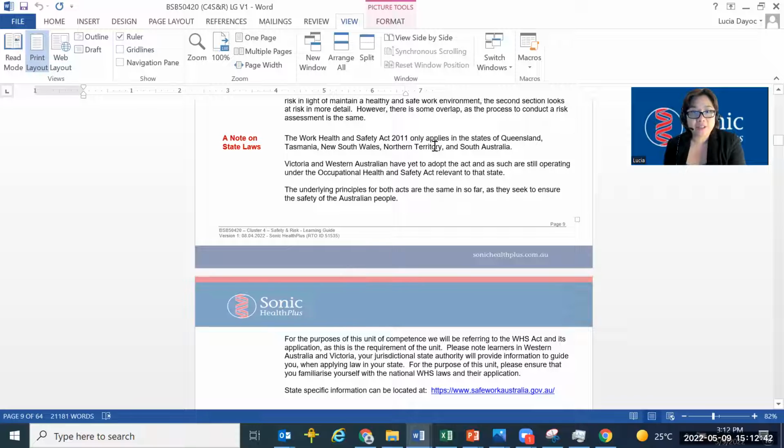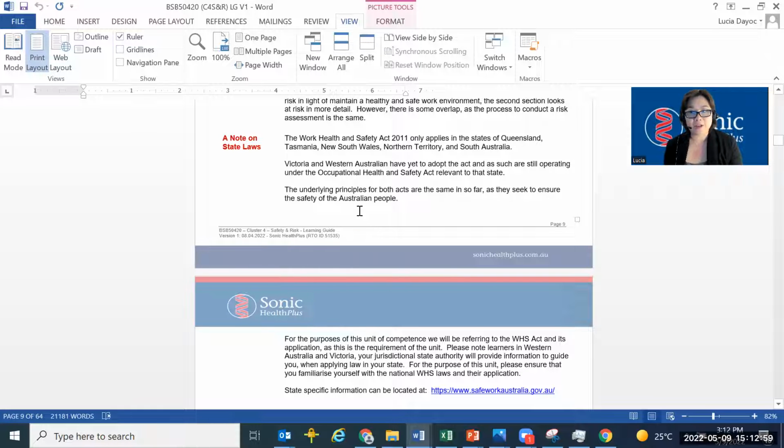The rest of the other states, including Queensland, Tasmania, New South Wales, Northern Territory, and South Australia, are still following the Work Health and Safety Act 2011. So they're different. Whichever state you go to, you need to refer to that.